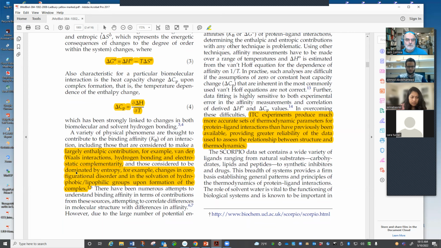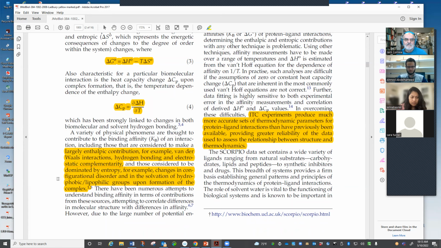And entropic contributions involve changes in configurational disorder and in solvation of hydrophobic lipophilic groups upon formation of the complex. Okay, and so this is a similar sort of wordy summary of that table in Ross and Subramanian.